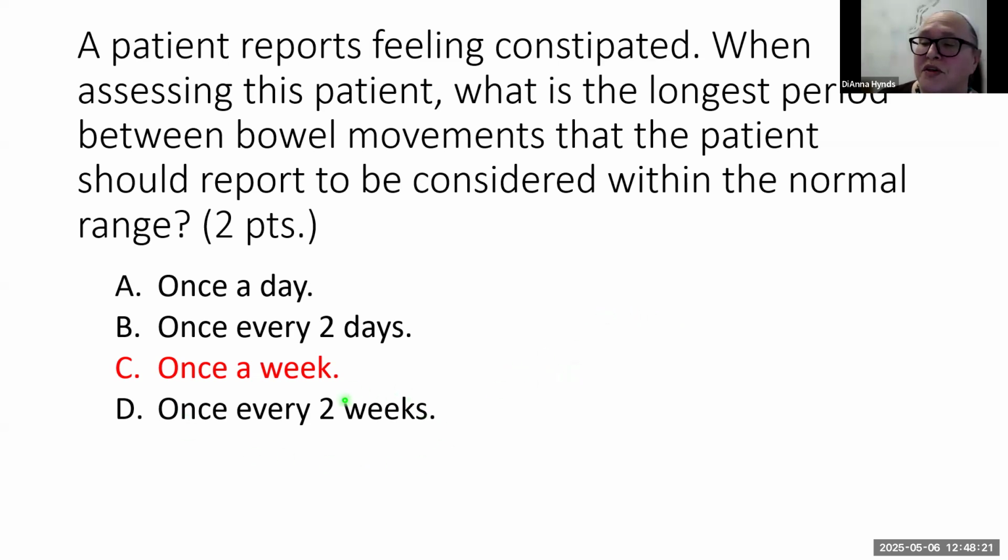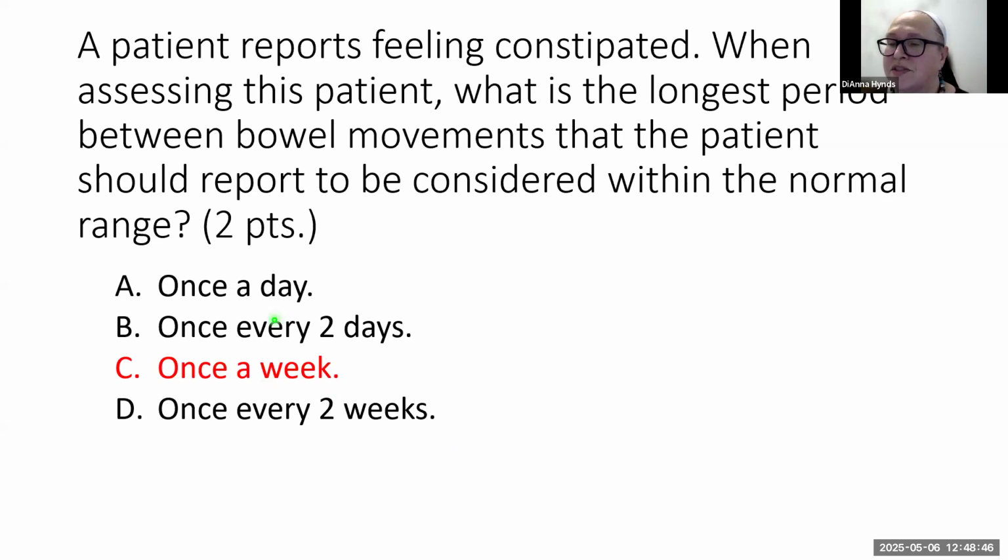When you get into once every 2 weeks, now that's going a bit long between bowel movements, and suggests that there's something that you should look at, some pathology that you should look for. All three of these, A, B, and C, all fit into what would be considered normal as far as the number of bowel movements in a particular time frame.